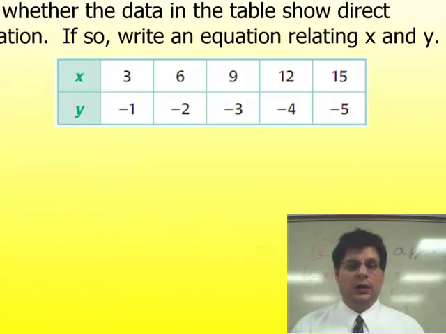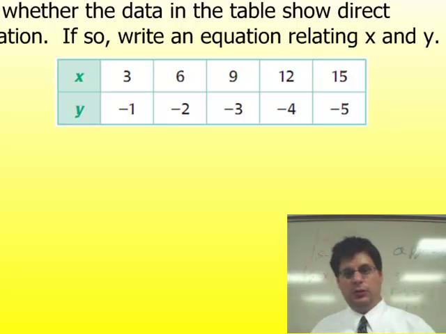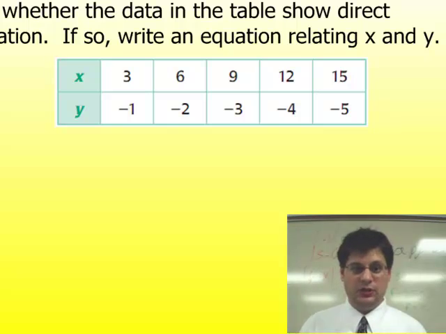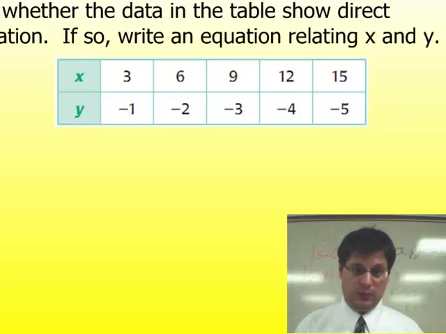Okay, so in our last example, we want to tell whether the data in the table show direct variation. If so, write an equation relating x and y. One of the unique features of things that vary directly is that they are proportional. The y is proportional to x for each iteration. So I can determine this by looking at these ratios.